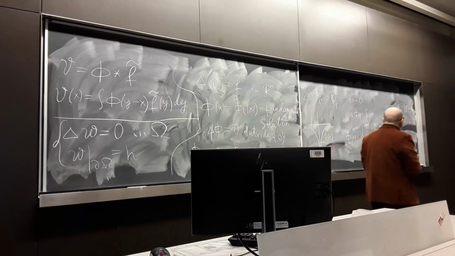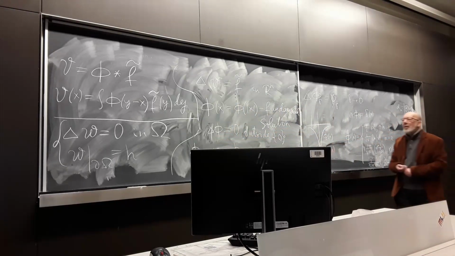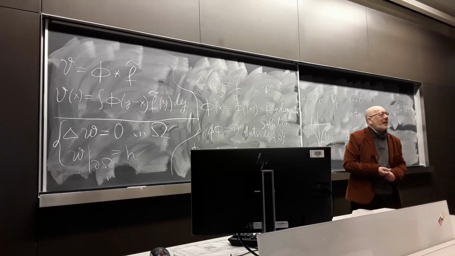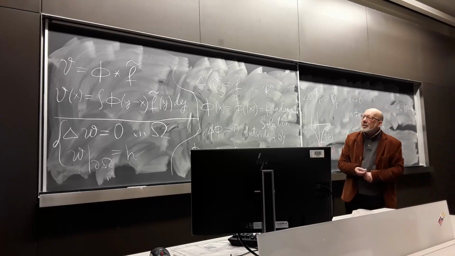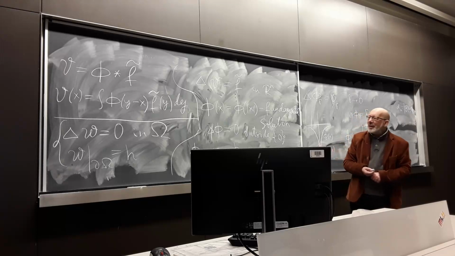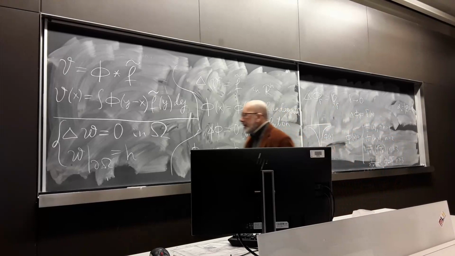Not only the non-homogeneous Laplace equation, which is also called the Poisson equation, but similarly the problem of conformal mapping is reduced to a problem of this sort, and many other problems in analysis. So we are studying this problem.